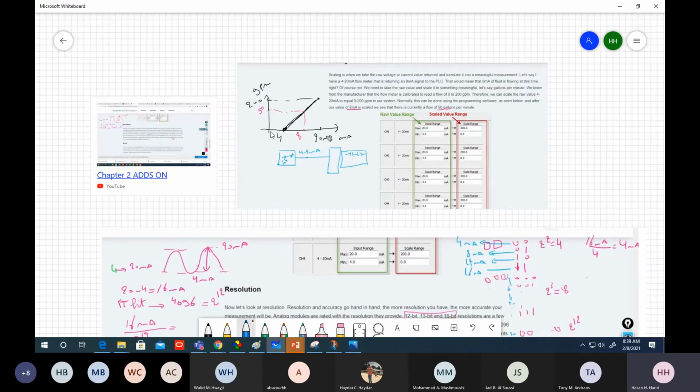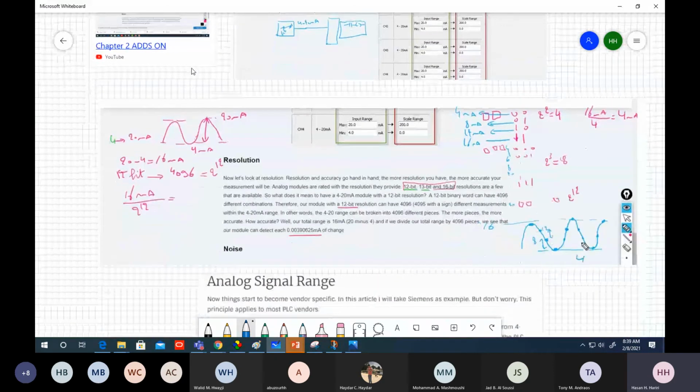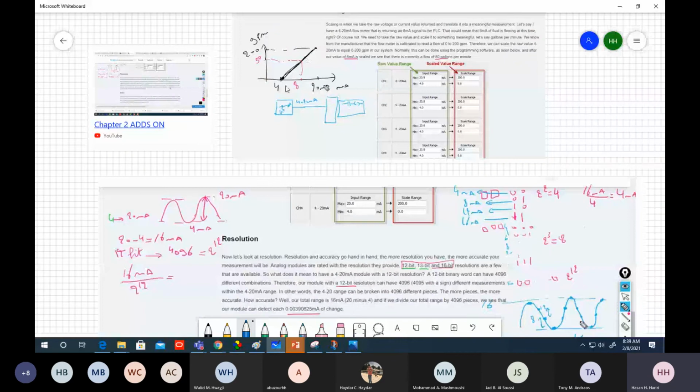If my output is 4, it corresponds to 0 gallon. If my output is 20, maybe it corresponds to 200 gallon per meter. So you can do scaling this way.